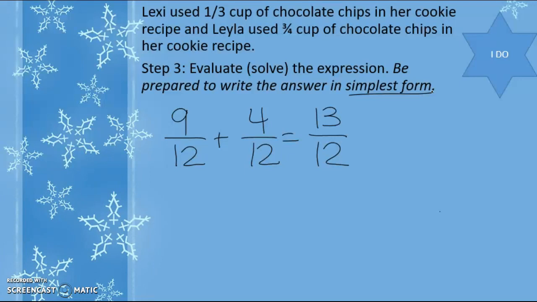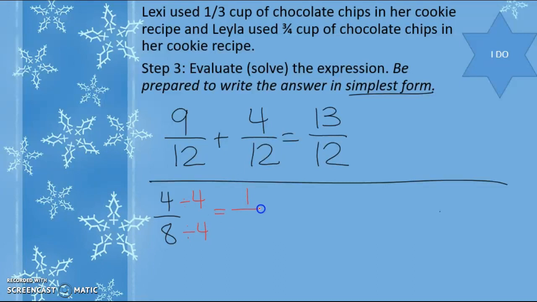What does that mean? Let's say we had a completely different one and we had like 4/8. Well, we can simplify 4/8 by dividing the numerator by 2 and the denominator by 2. Actually, it would be 4. Even easier. We would divide the numerator by 4 and the denominator by 4.